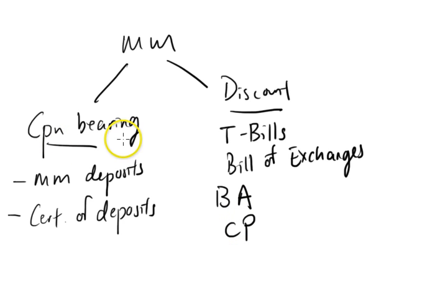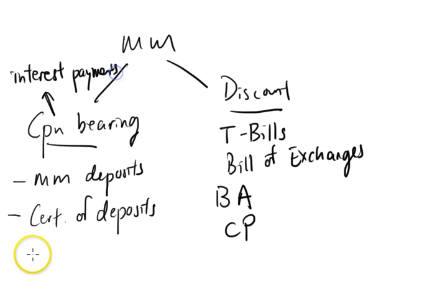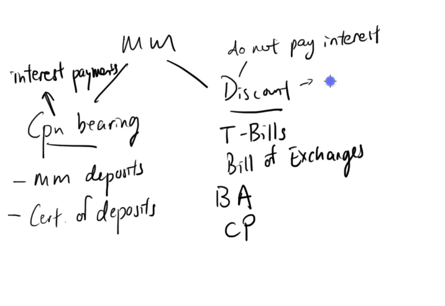Now, coupon bearing instruments are called coupon bearing instruments because they have interest payments. Whereas for discount instruments, they do not pay interest, but rather they are issued at a discounted value.